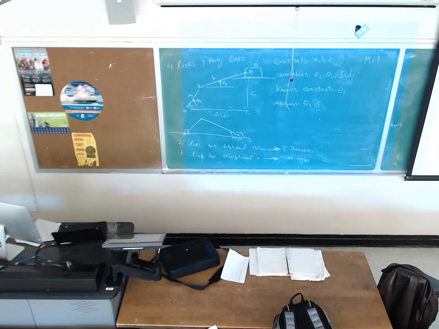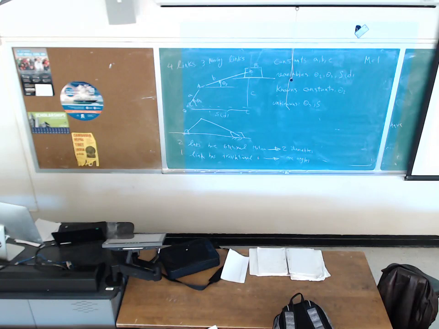How can I find that? I know that the slider has the distance or offset of C from the ground. So from the ground, draw a line with the distance of C. The slider is going to be at some point on this line because it should have the distance of C from the ground. But where it's going to be, I'm going to use this information.